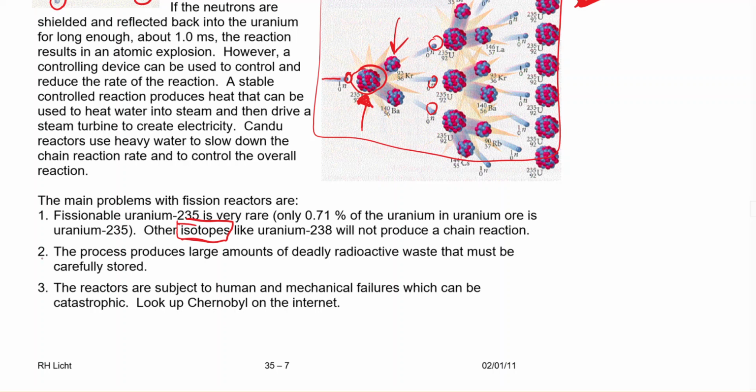Number 2, the process produces large amounts of deadly radioactive waste that must be carefully stored. That's always the big one. When people have a problem with fission or nuclear reactors, it's always: what do you do with all the waste? Well, I'm kind of biased on this one. I think you can bury it. I think we have lots of ways to deal with radioactive waste.